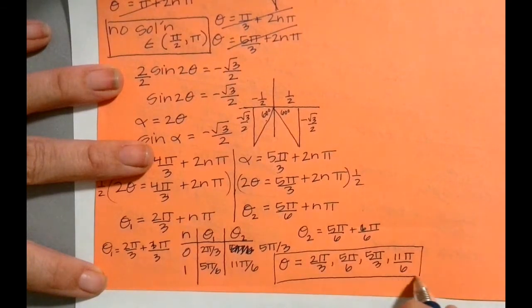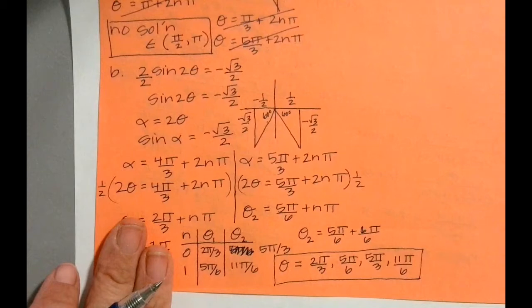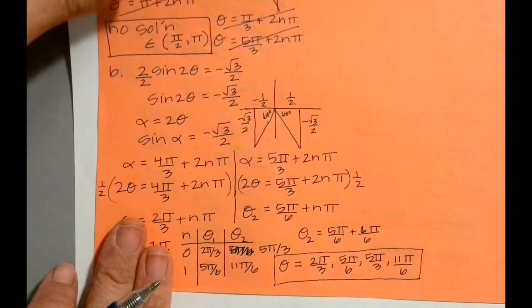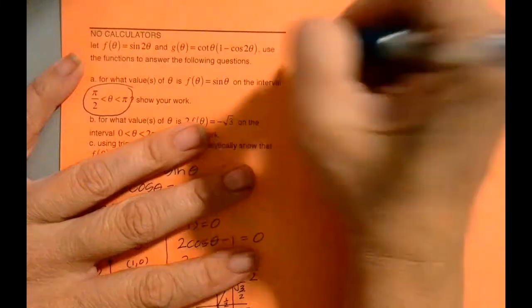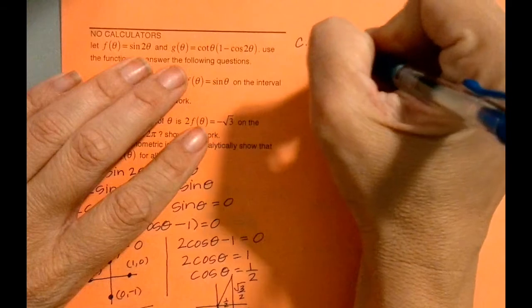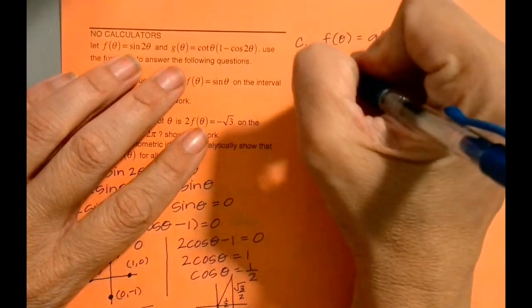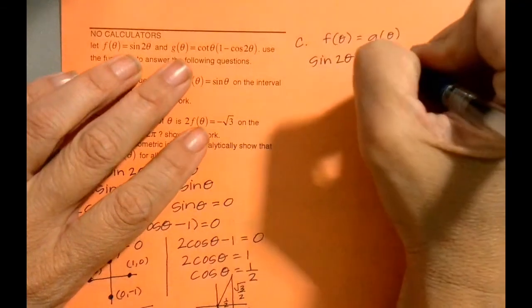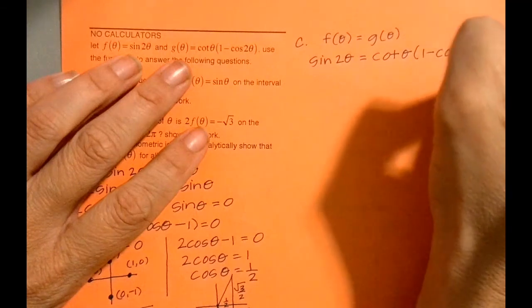And then the very last problem on all of this paper says, using trigonometric identities, analytically show that f of theta equals g of theta for all values of theta. So that's saying right here to just show that f of theta equals g of theta, which means sine 2 theta equals cotangent theta times 1 minus cosine 2 theta.